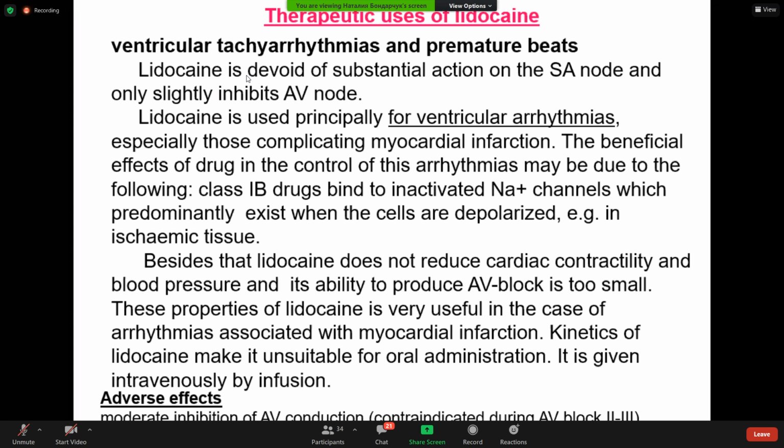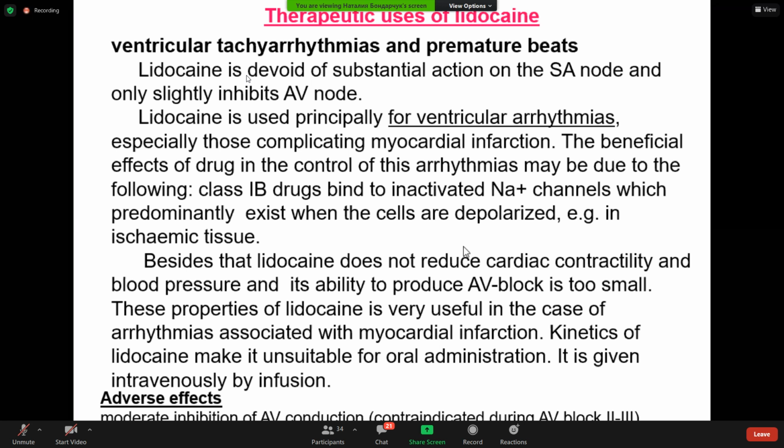For example, in the ischemic area, sodium channels are depolarized and in an inactivated state, and lidocaine predominantly binds to inactivated sodium channels, the opposite effect of quinidine, for example. So that's why lidocaine can be the drug of first choice in ventricular arrhythmia as a complication characterized by the zone of necrosis and ischemia.